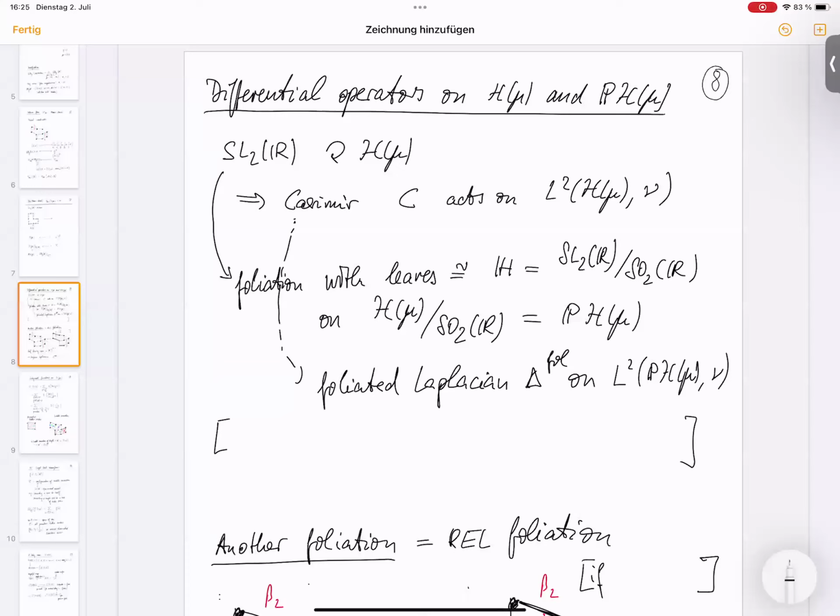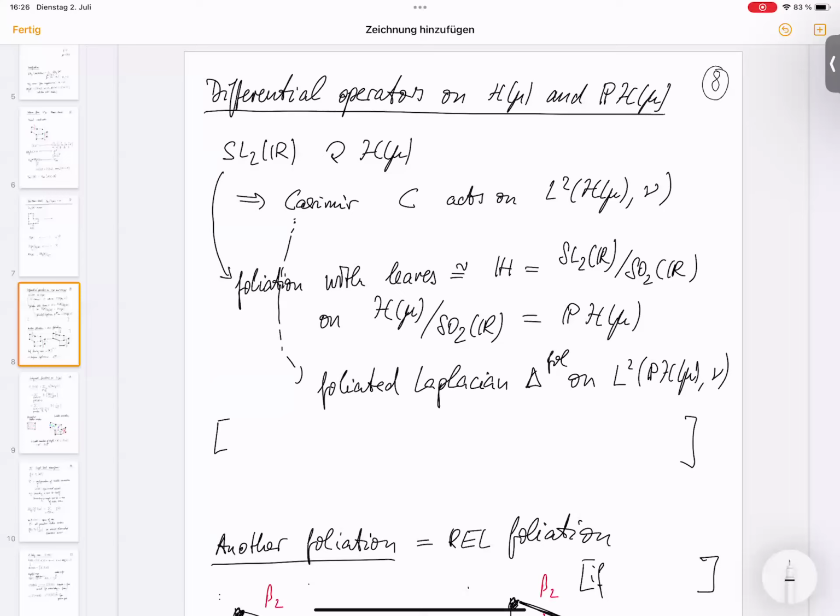Well, the natural object that acts on H of mu is the center of the universal enveloping algebra of the Lie algebra of SL2, which is called the Casimir operator, and I abbreviate that with C. This acts on the unit tangent bundle of the modular surface, and for the same reason, because SL2R as a Lie group acts there, we have the action of the Casimir on the stratum.